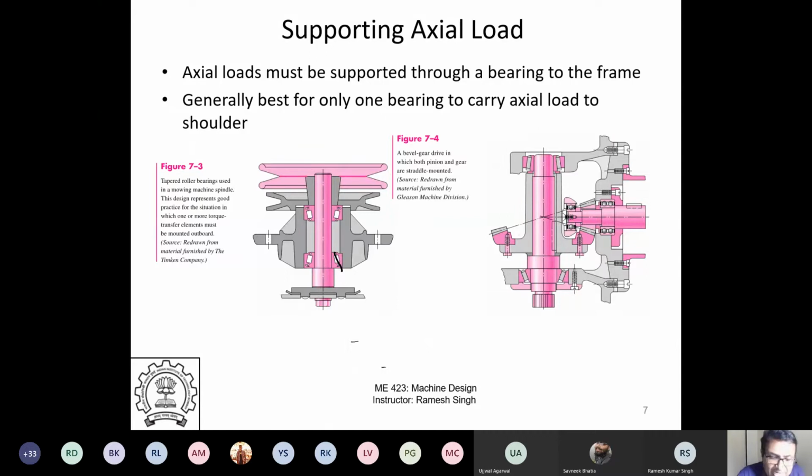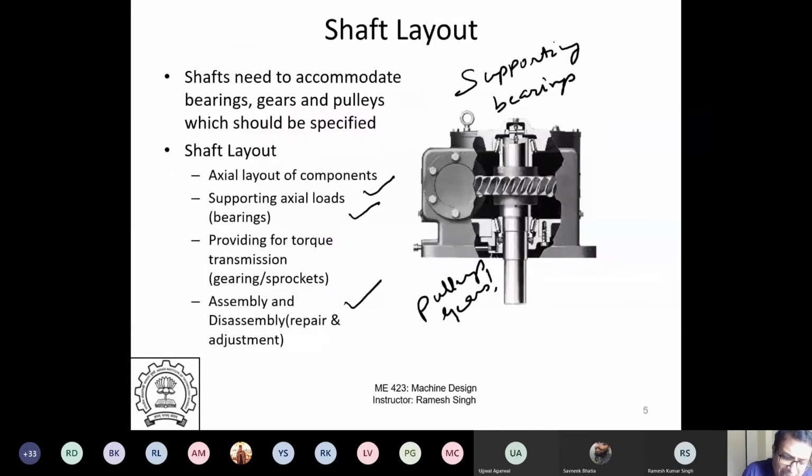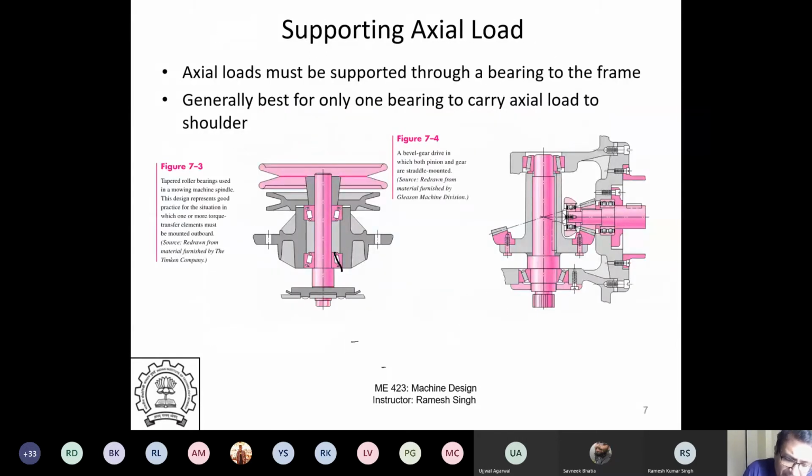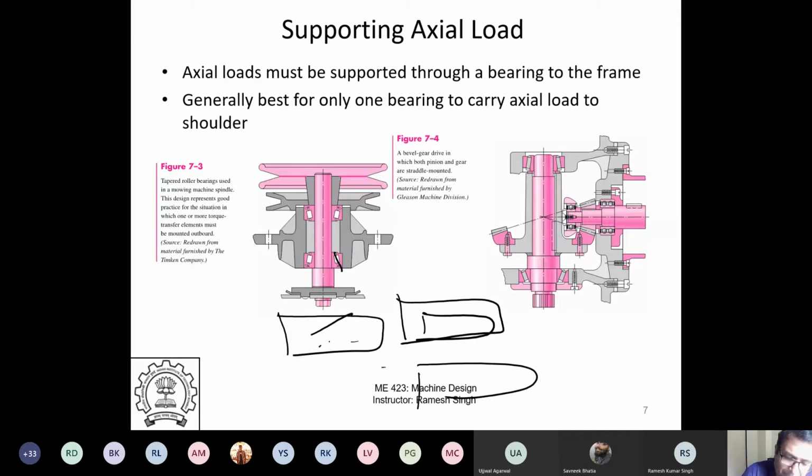But the way it is, instead of having a straight roller, it will have a tapered roller. The roller will be at an angle, and it can take some amount of movement along the axial direction. Okay.